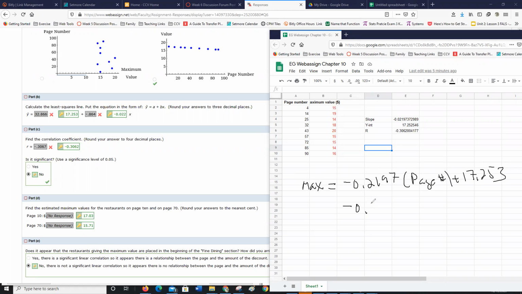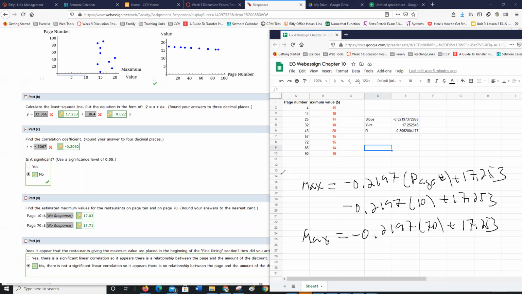We'll do negative 0.2197 times 10 plus 17.253. I'm going to let the spreadsheet do that in a minute. And then for page 70, it's negative 0.2197 times 70 plus the 17.253.